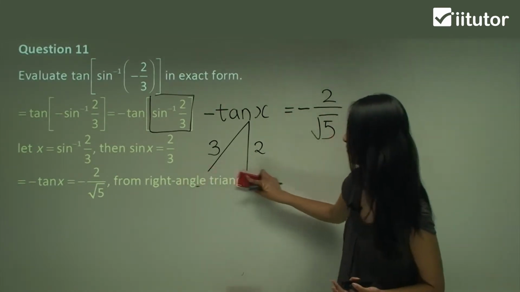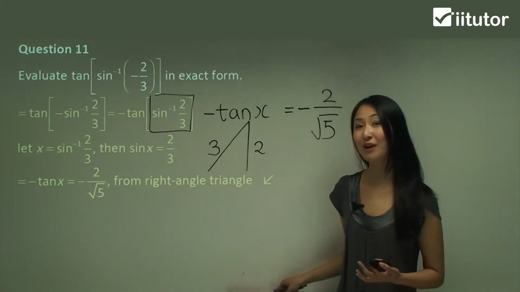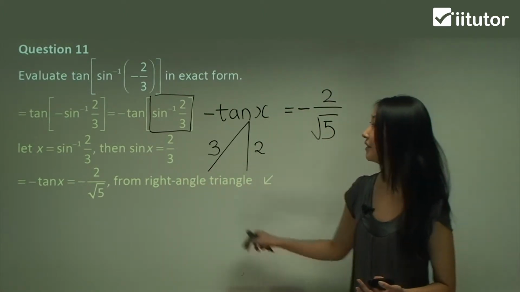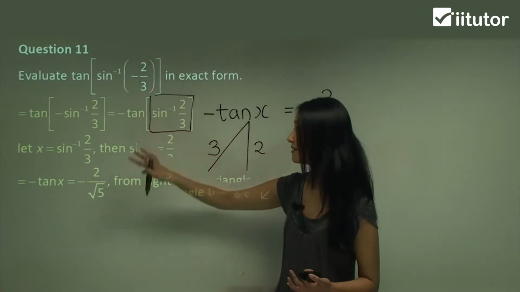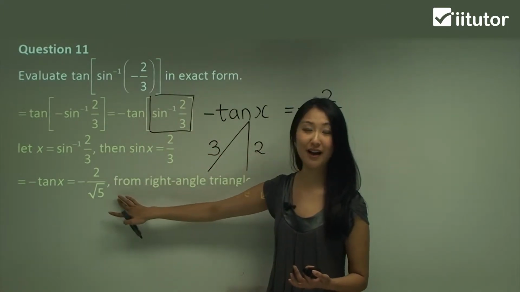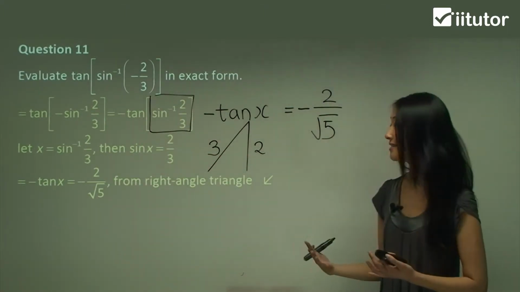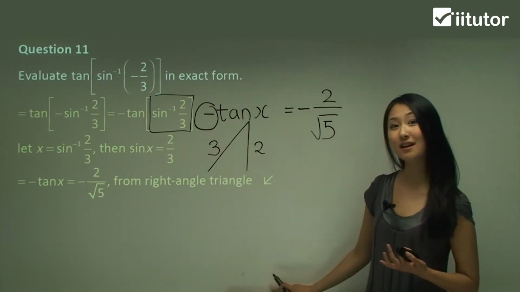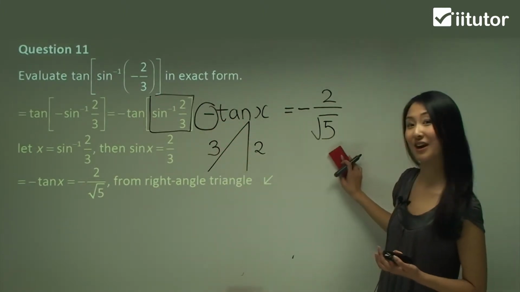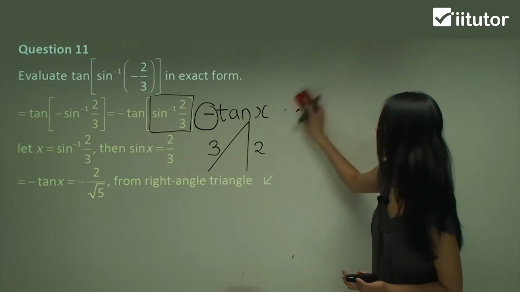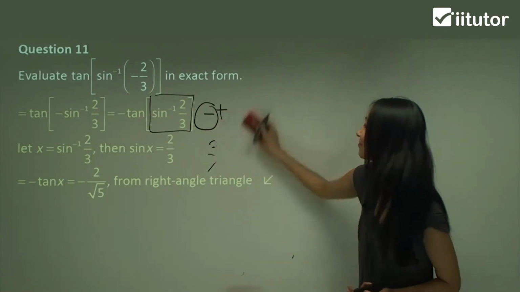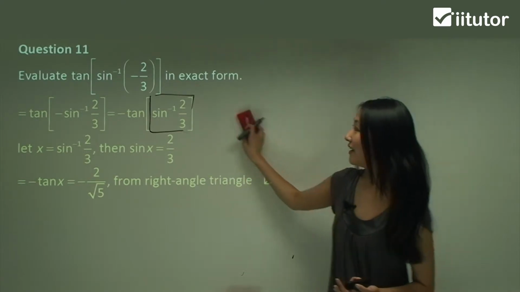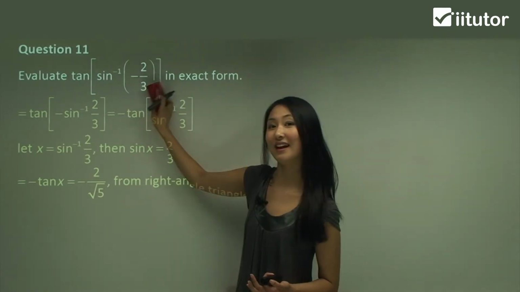So based on our right angled triangle, we've worked out that the exact value of this is negative 2 on square root 5. So exactly the same process. The only thing is, don't forget about your negative sign, which comes into consideration at the end. Otherwise, it's very similar. You just need to change this negative and take it out.